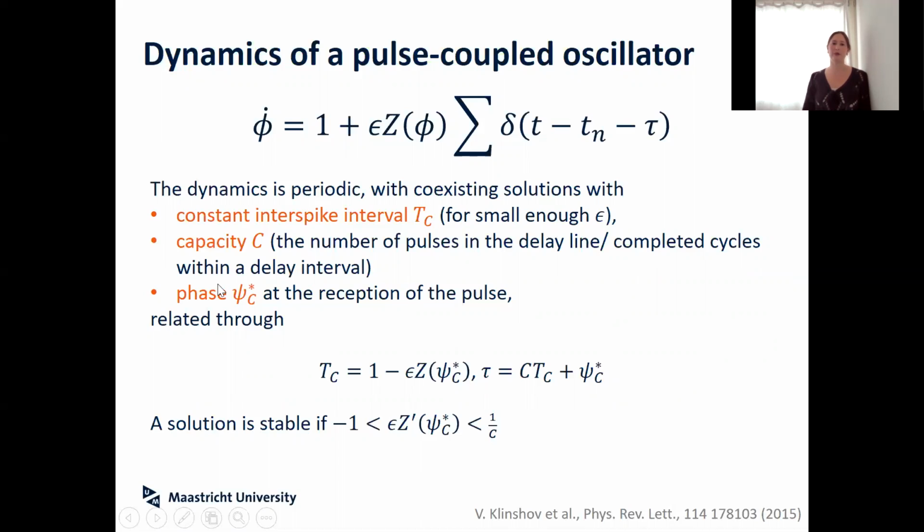And then the reception phase, psi C, which is the phase of the oscillator when the spikes come in. And obviously the interspike interval is related to the reception phase with the phase response curve.